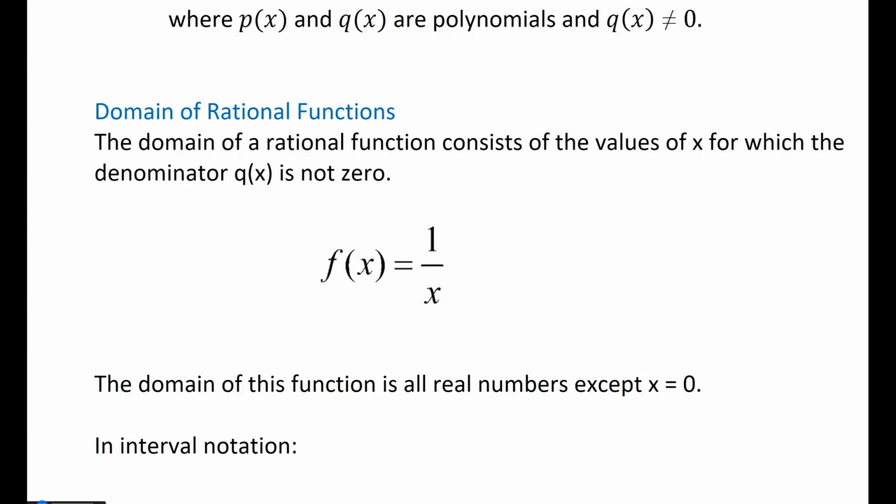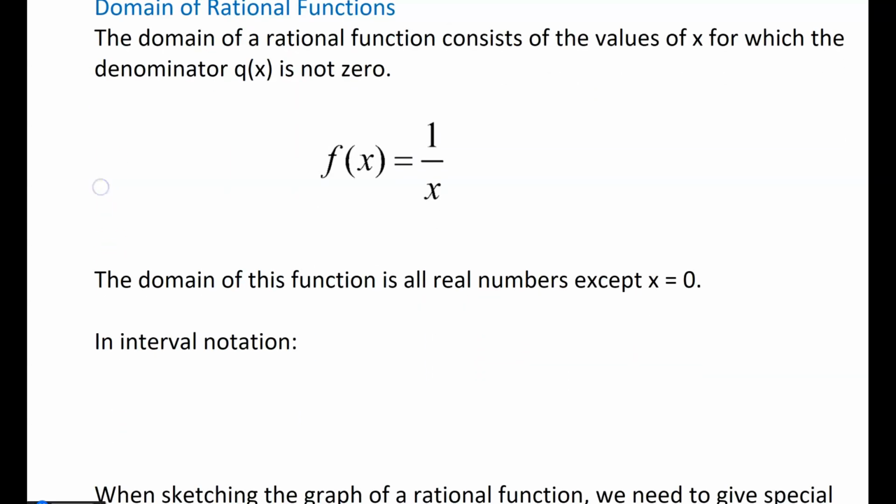So we're going to start with this basic rational function, 1 over x. And so because the x is in the denominator, we know we can't divide by 0, therefore x cannot be 0. Again, just putting that into interval notation means going negative infinity to 0, picking up again 0 to infinity.